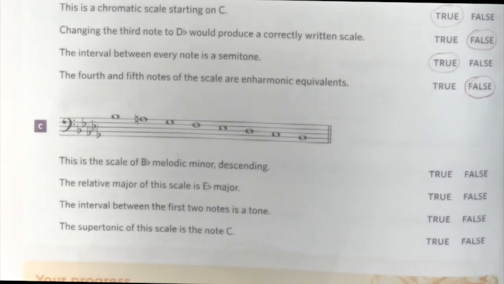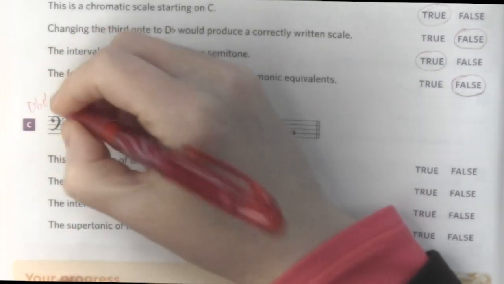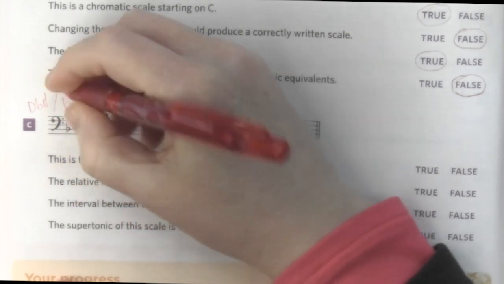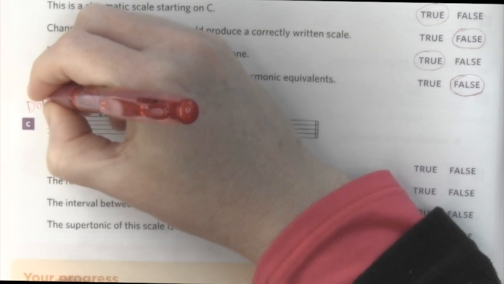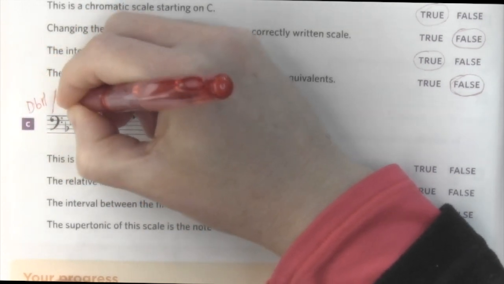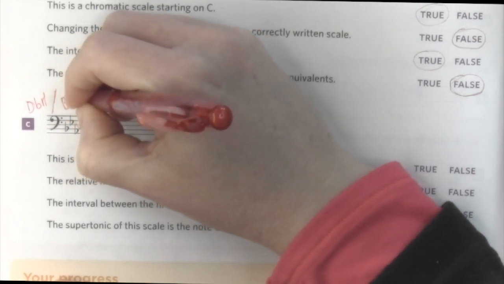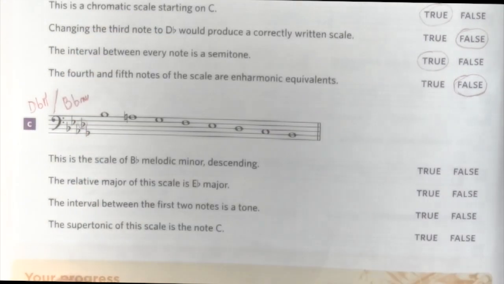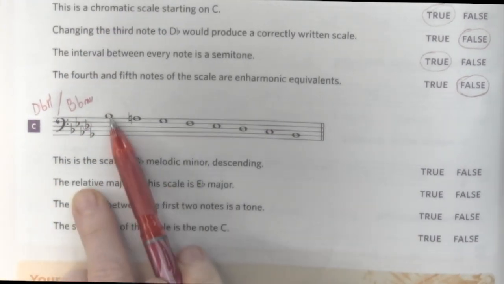So this is D flat major or B flat minor. Yeah, I need to change the pen. This is a scale of B flat. Okay, the first note is B flat. Yes, so it's B flat minor.